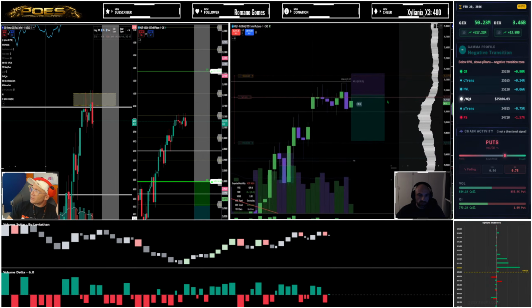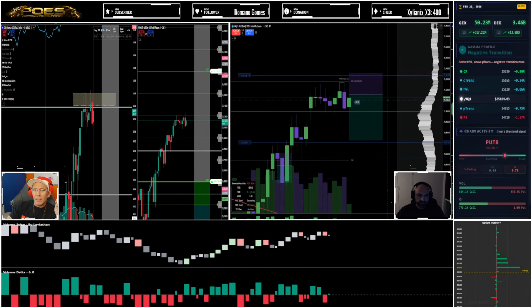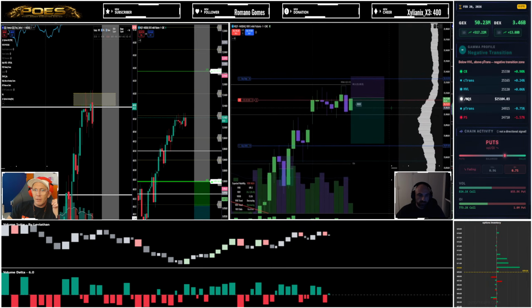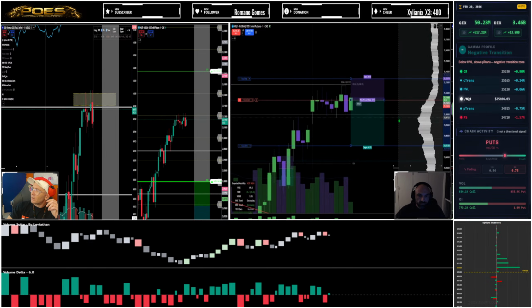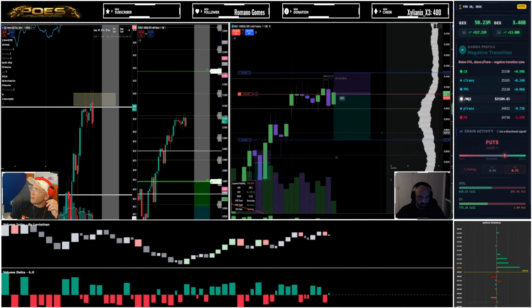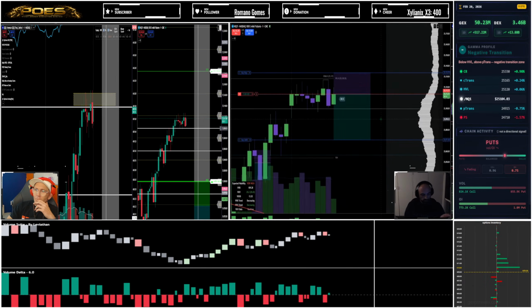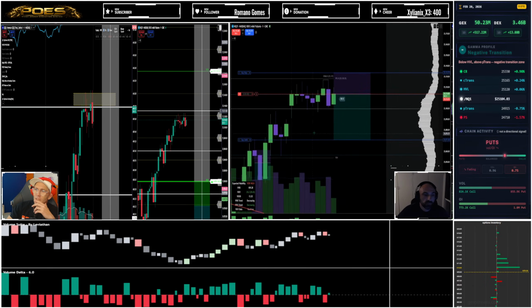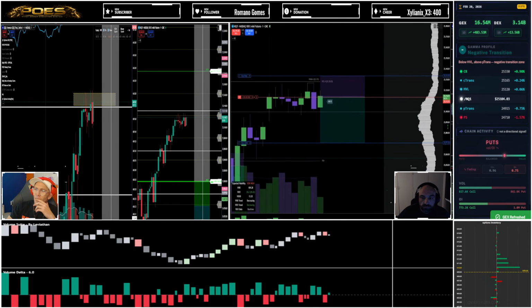Yeah, I'm just scared of this pop off the top when it does jump up here. I'm going to put my entry above 25,130. So just above this zone.